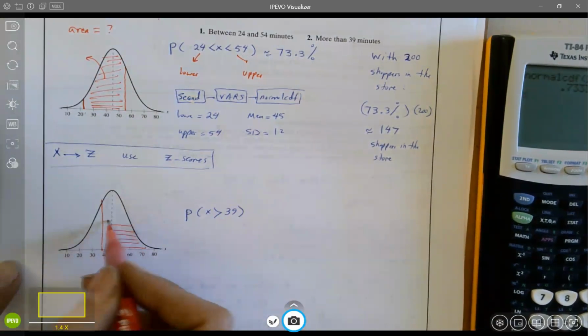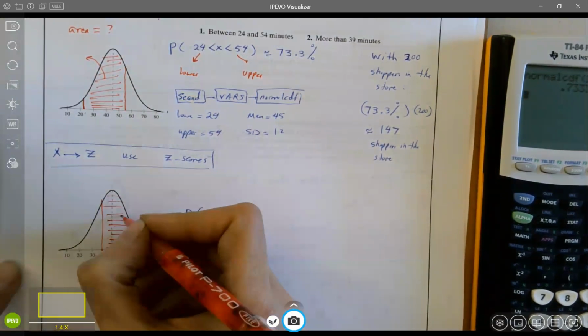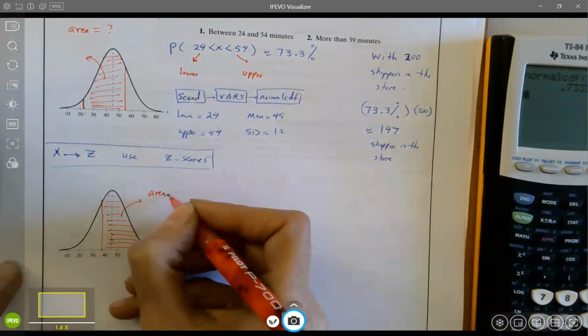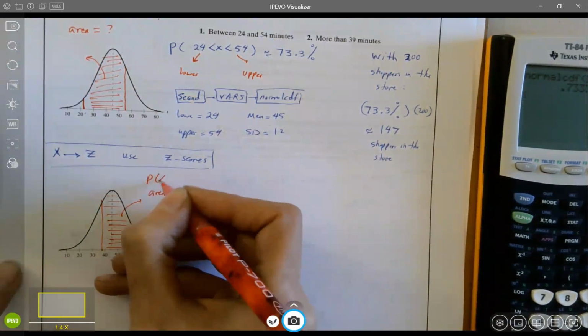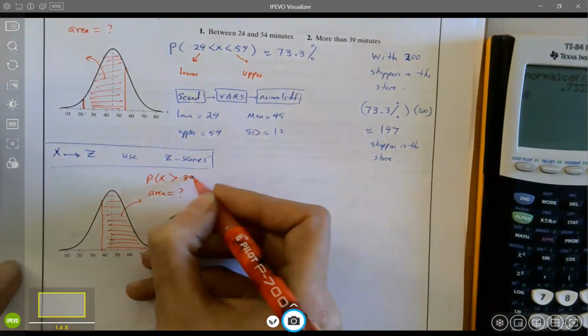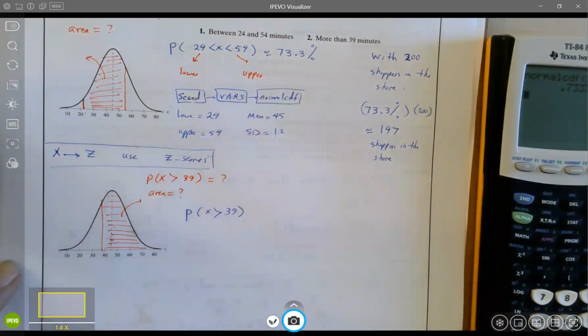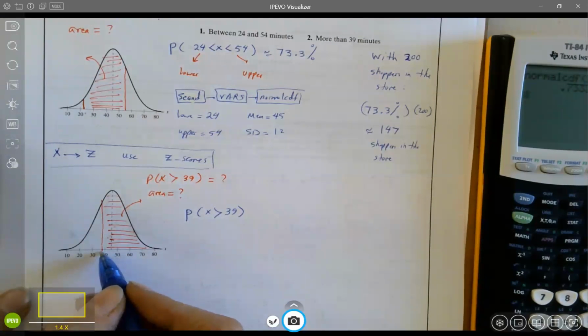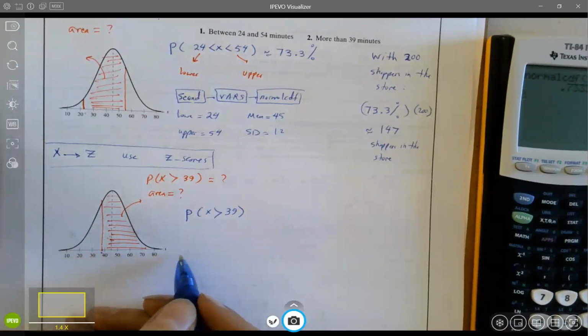So we're looking for this area, P of X greater than 39 minutes. As you can see, your lower bound is 39 minutes, and your upper bound is a large positive number.